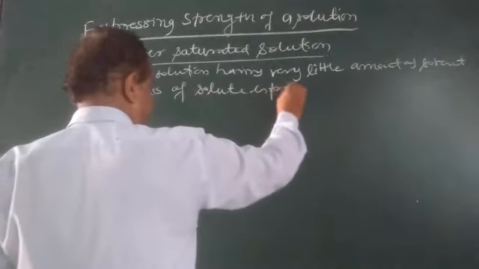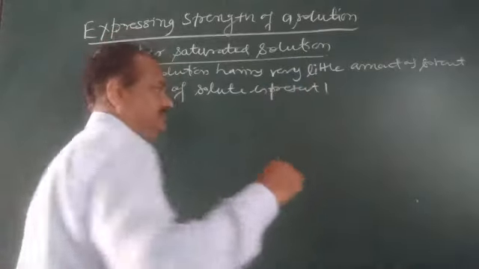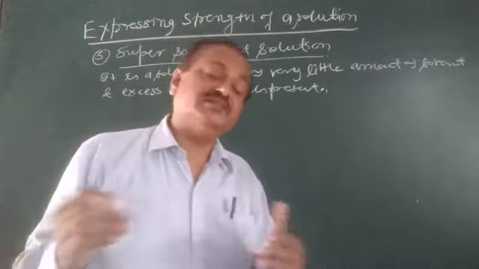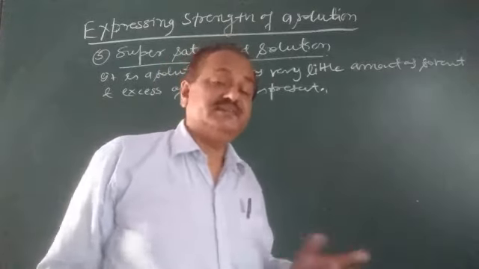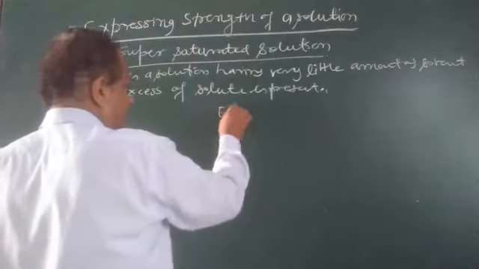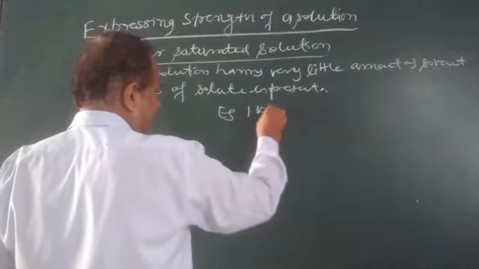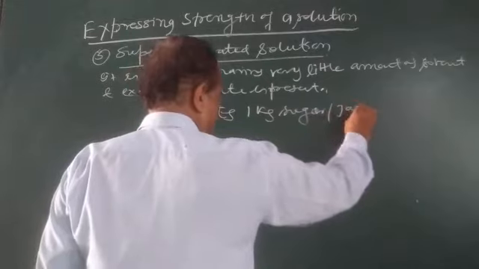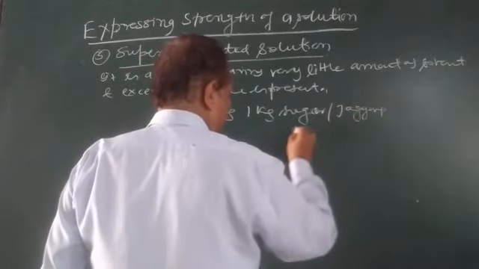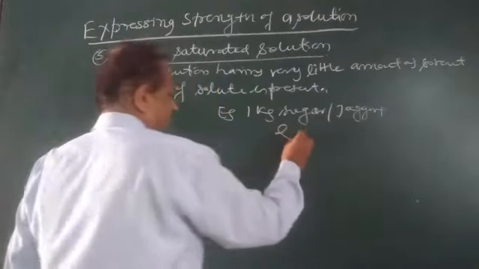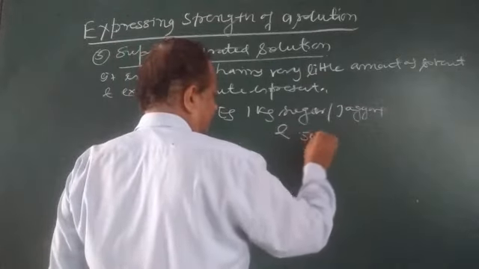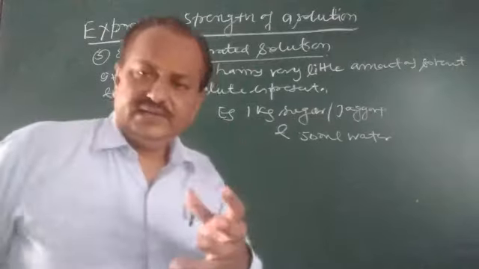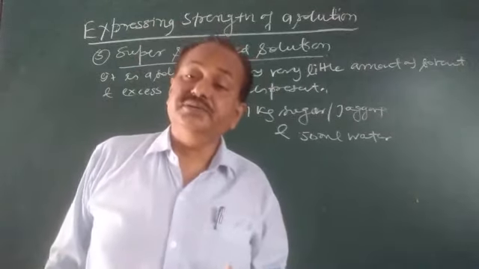I have just said this about jaggery syrup, but for example, if we take 1 kg sugar or jaggery and 50 ml water, you can imagine it becomes like halwa or pudding, very thick.